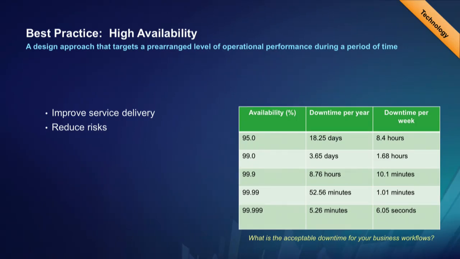Highly available systems provide your organization with reliable and high-performing environments that meet or exceed your specific business requirements for service delivery. Your high availability strategy should consider things like the elimination of single points of failure. It should consider detection of failures as they occur, and it should definitely consider reliable failover.